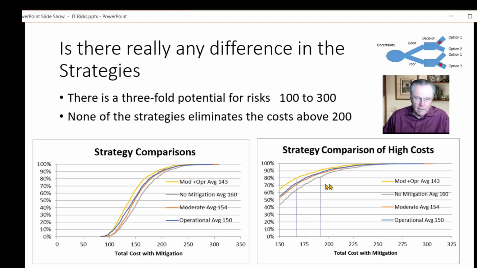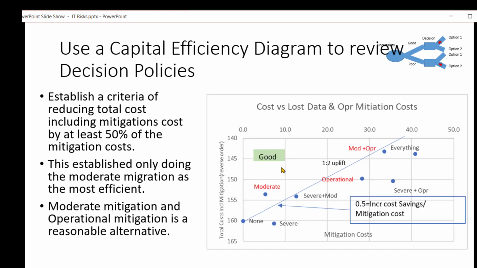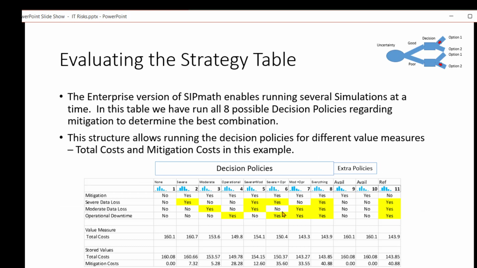Now, another way to look at it is through something similar to a capital efficiency chart. So I plotted here the mitigation costs versus the total cost, including mitigation. And so these data points here come directly from this strategy table.